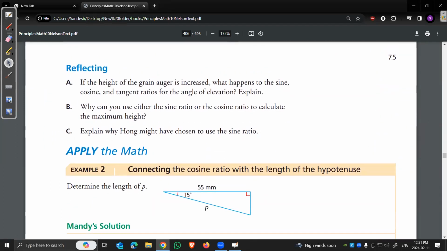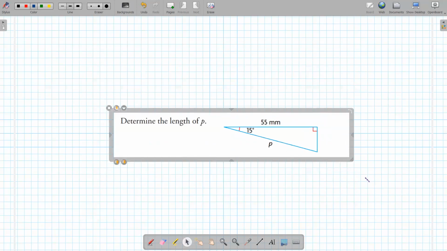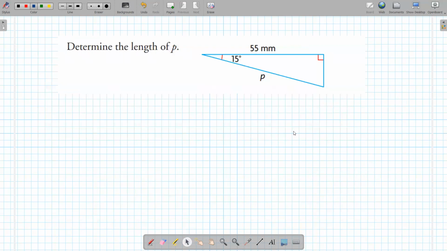Same idea here. Only one of them is going to work. Is this sine, cosine, or tan? Cosine. Cosine is right. Cosine 15 is going to be the adjacent divided by the hypotenuse.